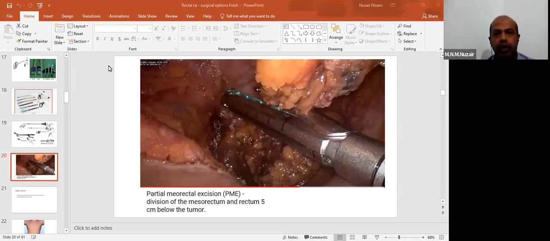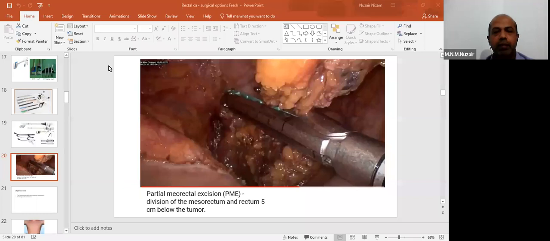So the partial mesorectal, yeah. Sorry, partial mesorectal excision means we remove the part of the mesorectum around 5 centimeters below the tumor. When we apply the stapler, we must remove the mesorectum all around the rectum.